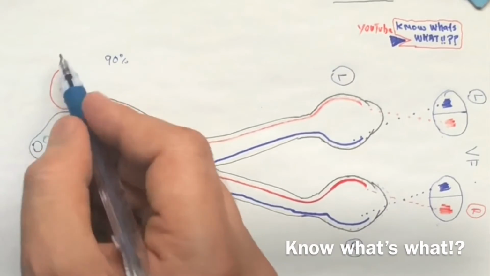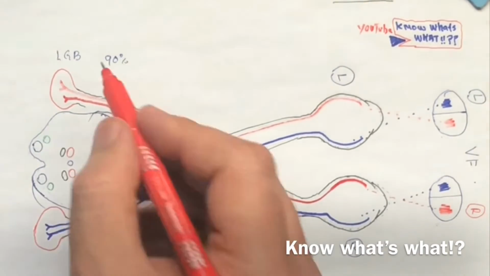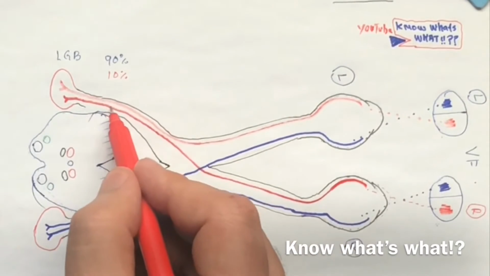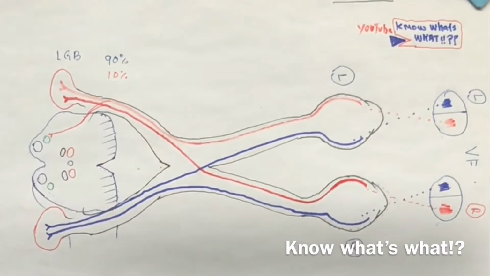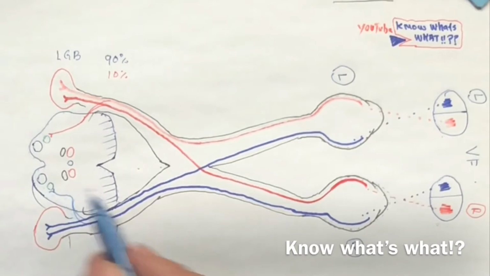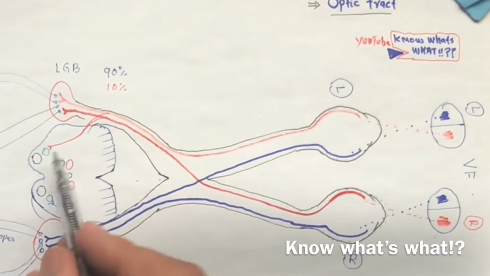90% of the fibers terminate in the lateral geniculate body, and 10% or so go to the pretectal nucleus from both sides, here and from this side. And from the pretectal nuclei, fibers are sent to the Edinger-Westphal nuclei on the same side, as well as crossing.